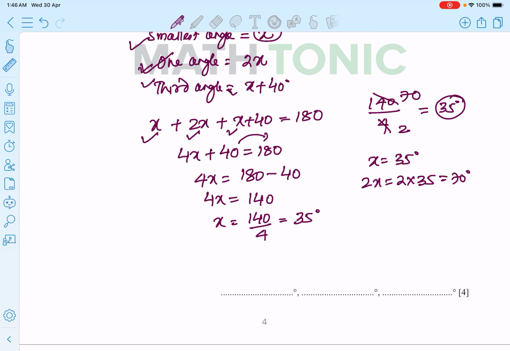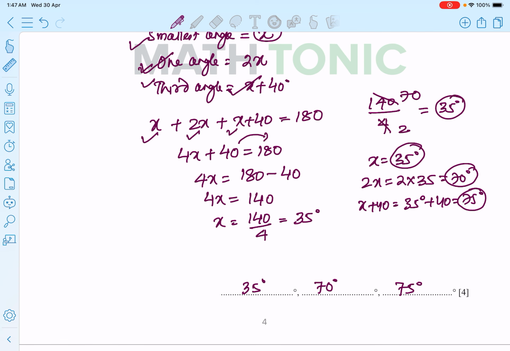Got it? The third angle is x plus 40, that means 35 degrees plus 40 degrees, that equals 75 degrees. So these are the three angles which add up to 180. So I can write the answer: 35 degrees, 70 degrees and 75 degrees.